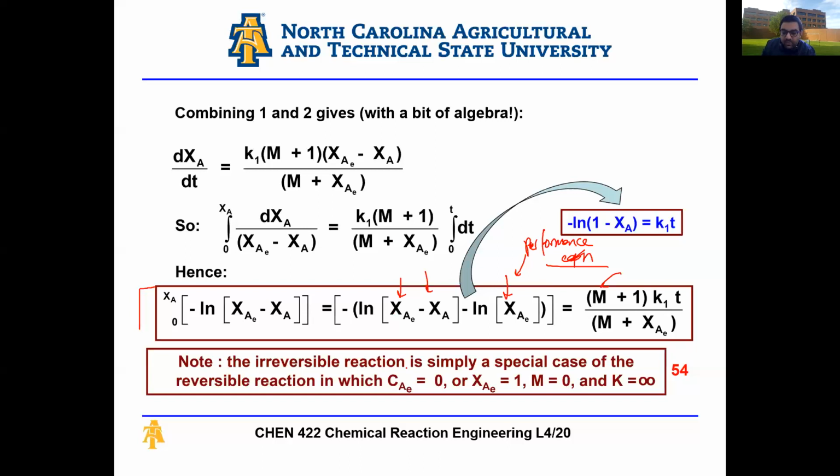And again, the irreversible reaction is simply a special case of the reversible reaction in which your equilibrium concentration is equal to 0, or your equilibrium conversion is equal to 1. So you can match this with the previous case, which is case 1, I recall, just by doing some algebraic manipulation. So they're all related because they all have the same root, and you can do your algebra to make them all match each other.